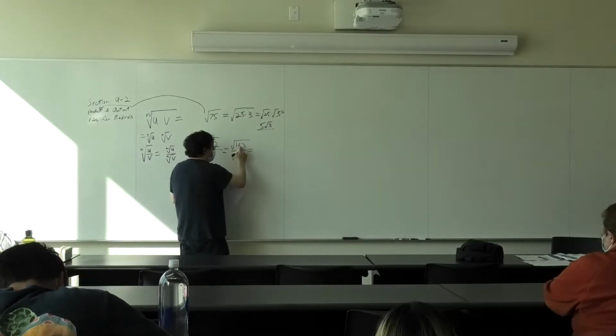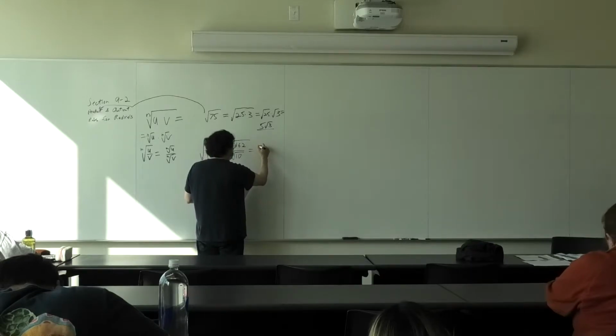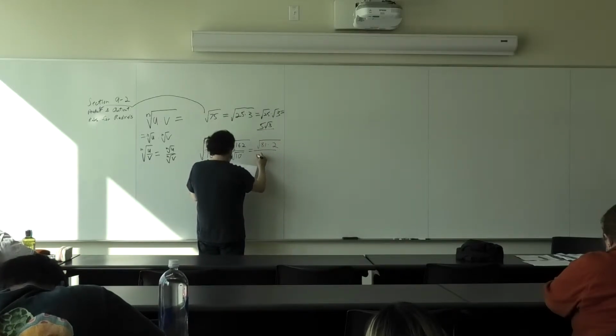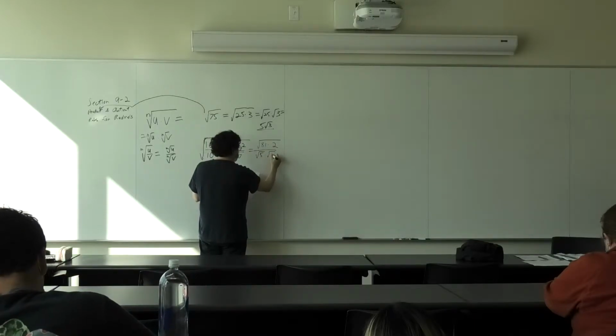Then I use the fact that 162 is equal to 81 times 2, and the square root of 10 is the square root of 5 times the square root of 2.